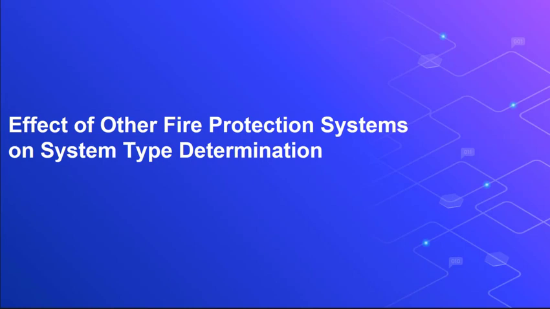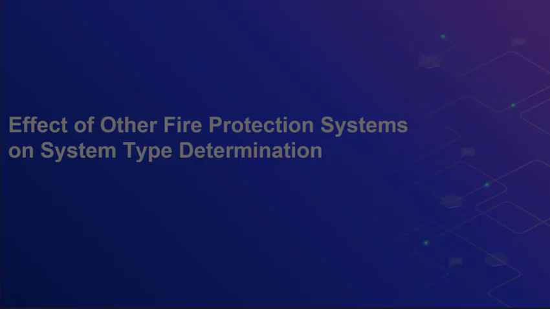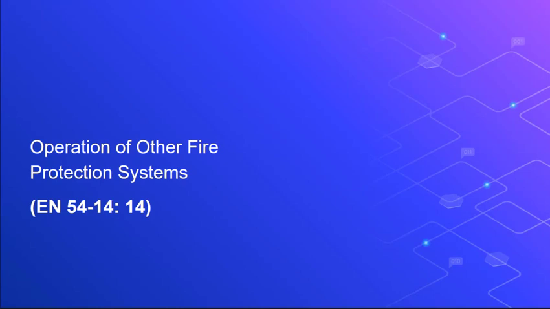Effect of other fire protection systems on system type determination. EN 54-14, clause 14: operation of other fire protection systems. The fire detection and alarm system can be used to provide start signals to other fire protection systems such as automatic fire extinguishing systems, smoke and heat control systems, systems that trigger the release and closing of fire doors, and sound evacuation systems.